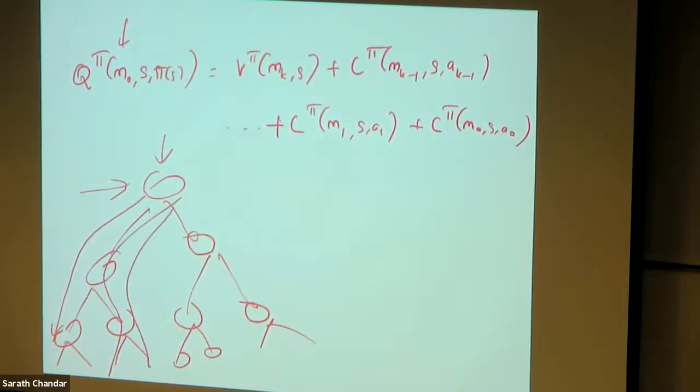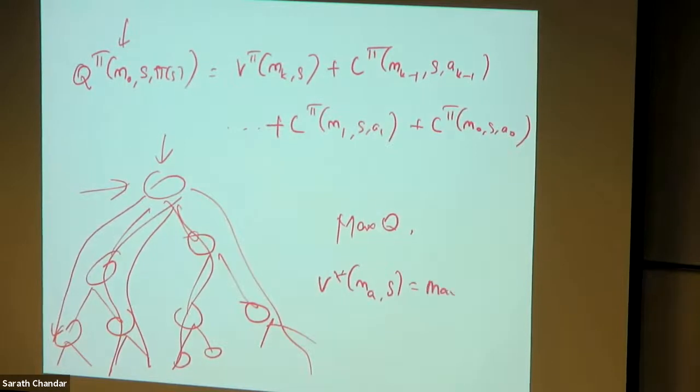So you can compose these Q values back and then pick the max action. That is why this algorithm is called MaxQ. So the V star of MA comma S is given by max over A dash Q star of MA S A dash. Is that clear? So this is why it's called MaxQ.